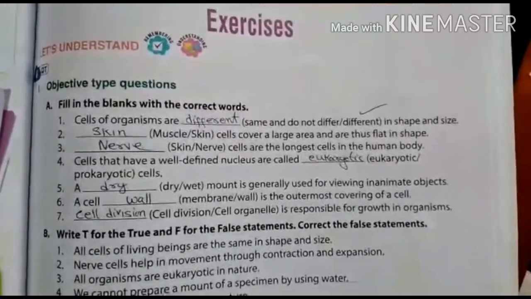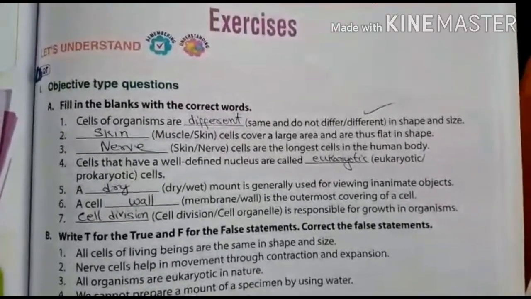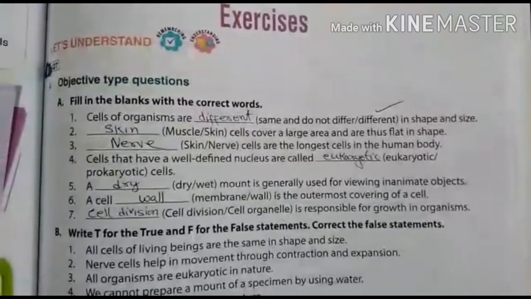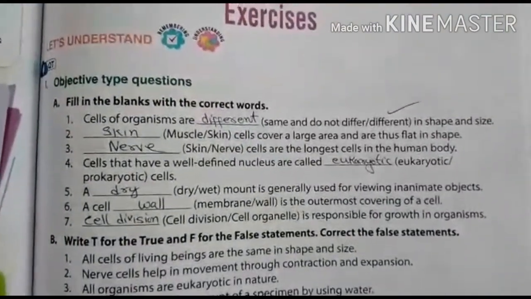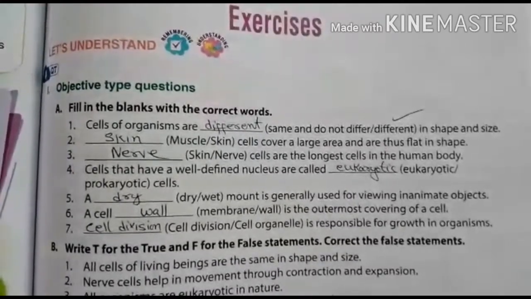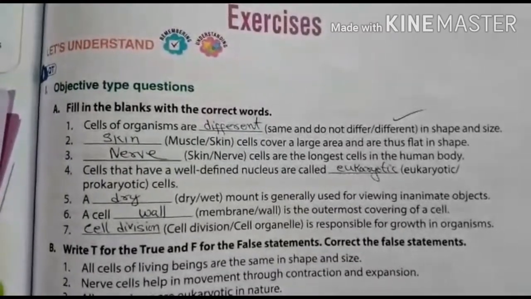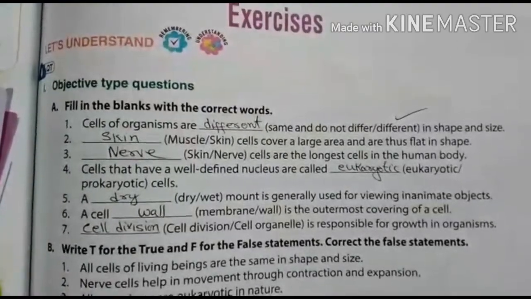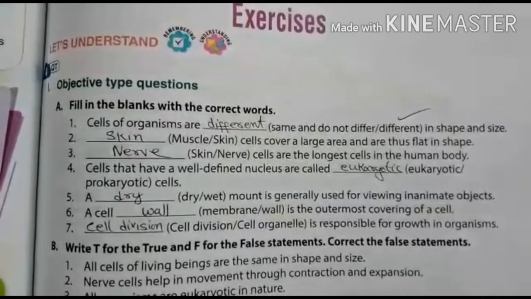We are going to start from the chapter Cell Structure and Function. The first one is fill in the blanks. Cells of organisms are different in shape and size. Skin cells cover a large area and are thus flat in shape. Nerve cells are the longest cell in the human body.